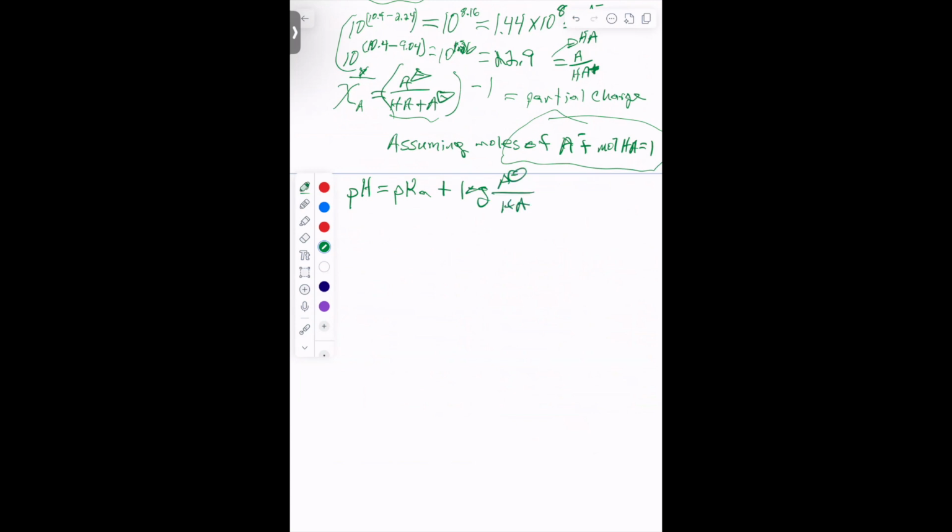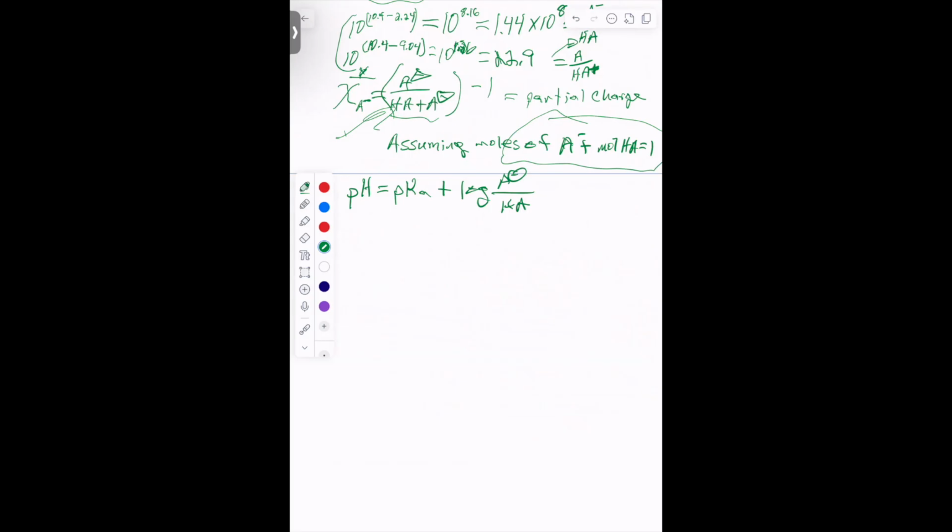And our goal will be to go from here to figuring out the mole fraction of A minus. So that's what we're going after. We want to know the mole fraction of A minus so we can multiply that by -1.